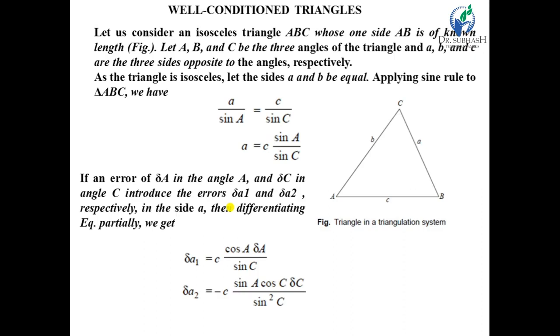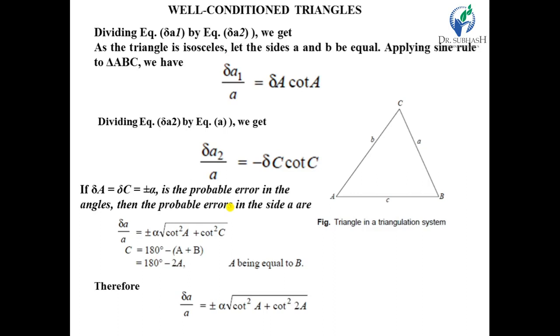Apply the sine rule to triangle ABC: a/sin A = c/sin C. So a = c sin A / sin C. If the errors are delta A in angle A and delta C in angle C, introducing errors delta a1 and delta a2 respectively in side a, then differentiating the equation partially, we get delta a1 = c cos A delta A / sin C. So delta a2 = -c sin A cos C delta C / sin² C.